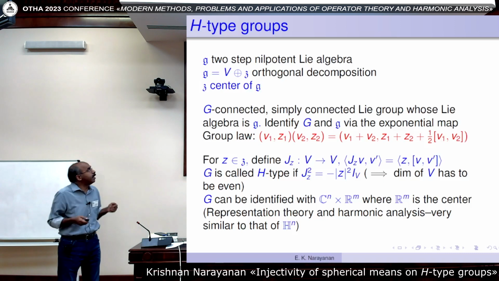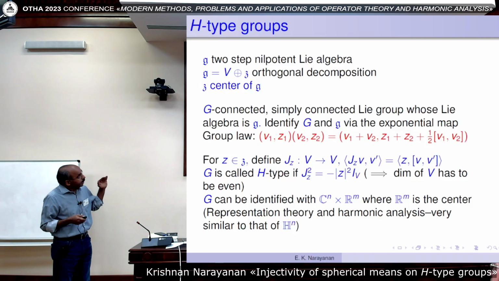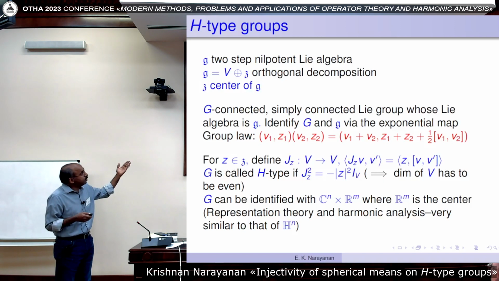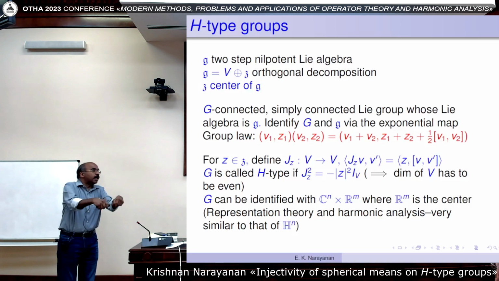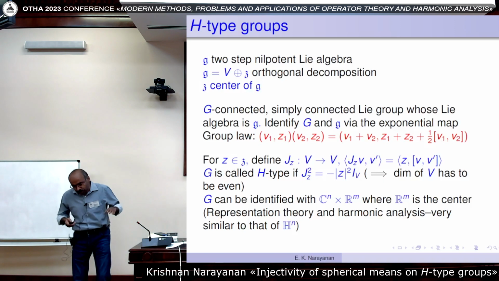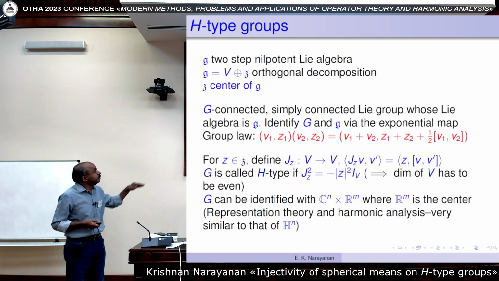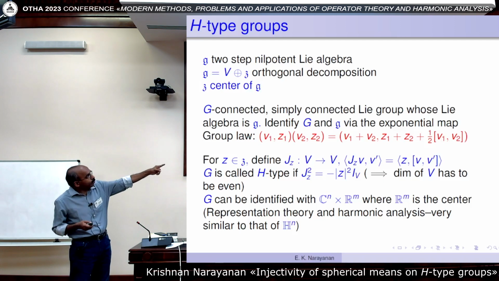You can put an inner product so that this happens, and the nilpotent Lie group associated to this nilpotent Lie algebra can be identified with the Lie algebra itself. So you put a group law on the Lie algebra. Let us see how the group law is. It is very simple because it is two-step. I have (v1, z1) and (v2, z2), where v1 and v2 come from V, and z1, z2 come from Z, the center of the Lie algebra.